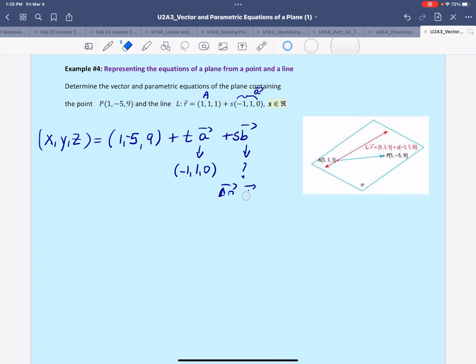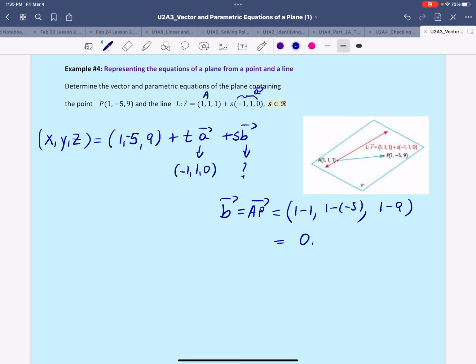So let me write it nicely, which would equal, from A, 1 minus 1, and then we have 1 minus -5, and last, we have 9 minus 1.